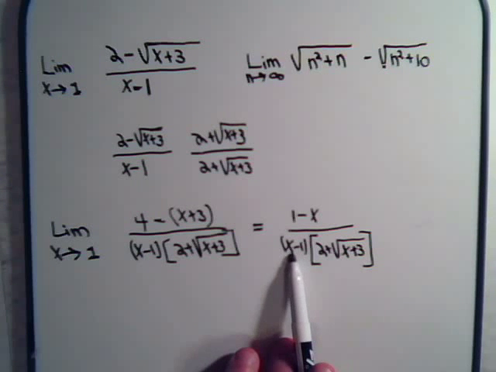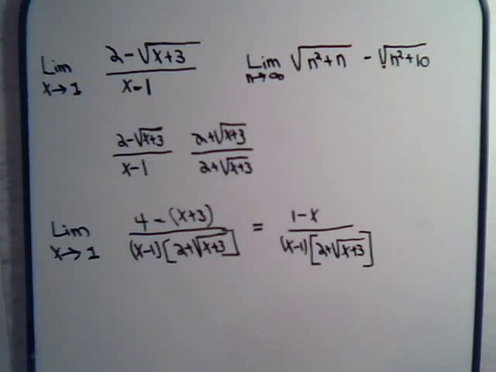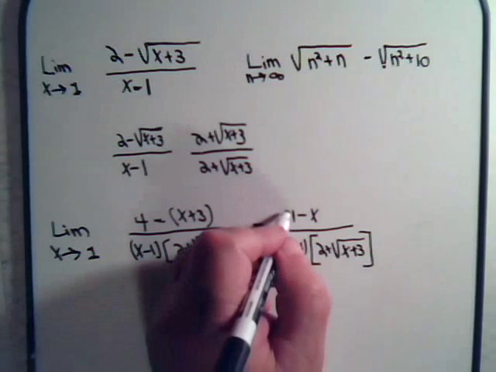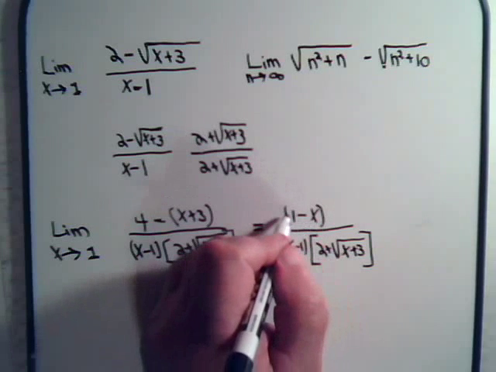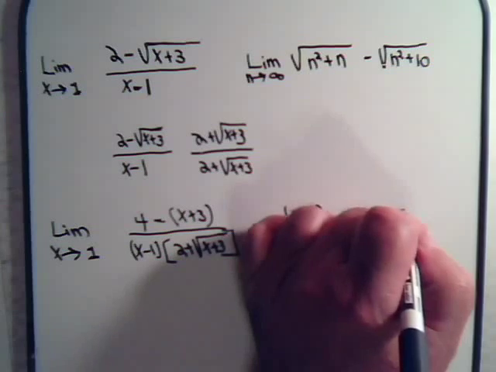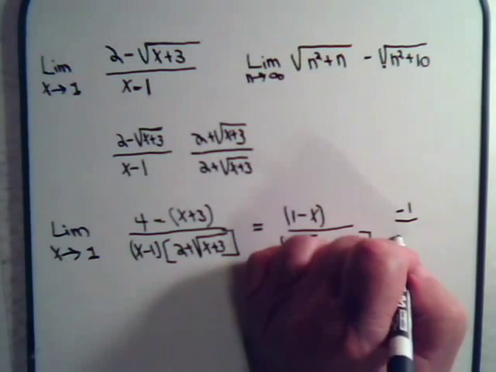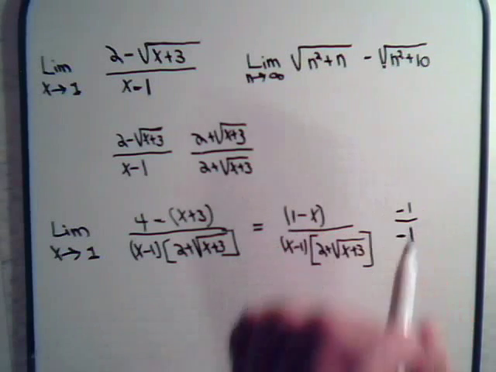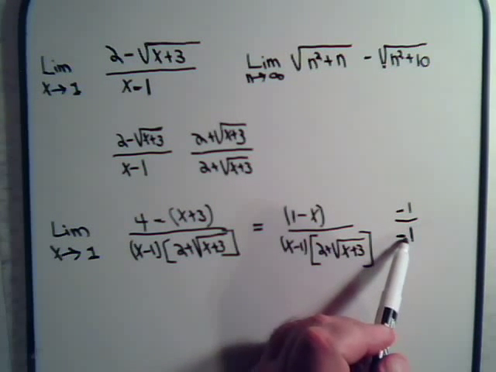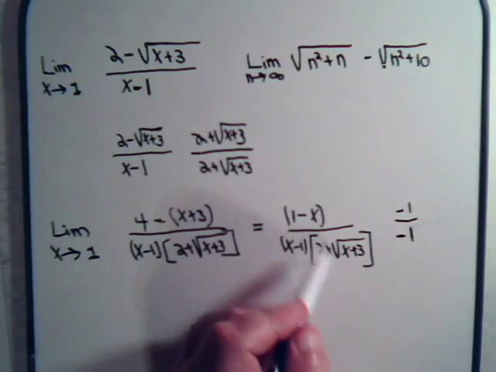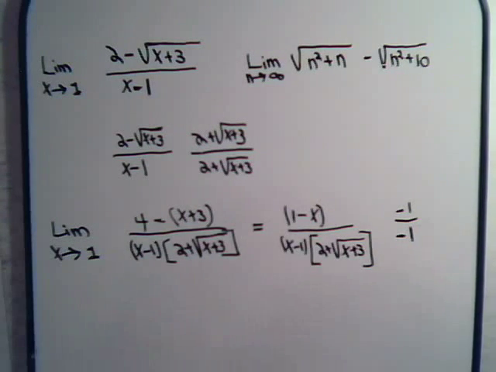And if we put a 1 here, that's going to be 0 and that's going to be 0, so we're not prepared to take that step yet. But if we multiply this by negative 1, that'll become x minus 1. So if I multiply the top by negative 1, I have to multiply the denominator by negative 1. Negative 1 divided by negative 1 is just 1, so I'm multiplying by 1. That's perfectly legitimate.